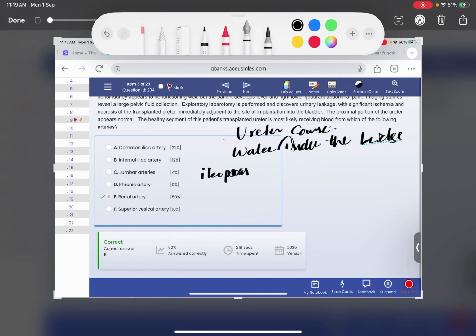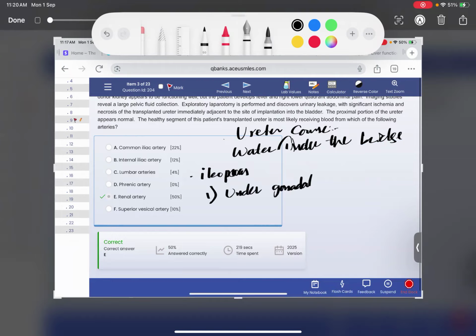Don't worry, just remember the high yield points. When the ureter goes down, it first goes under the gonadal arteries in the higher regions.